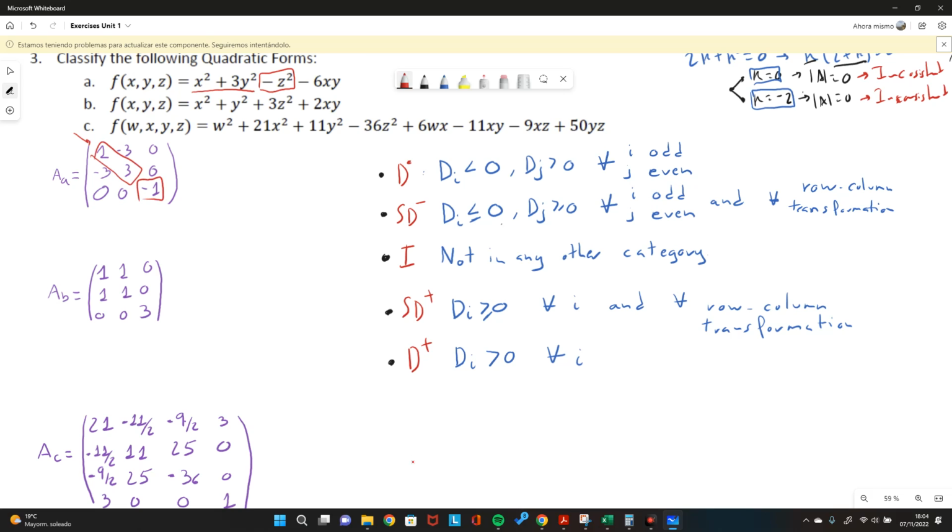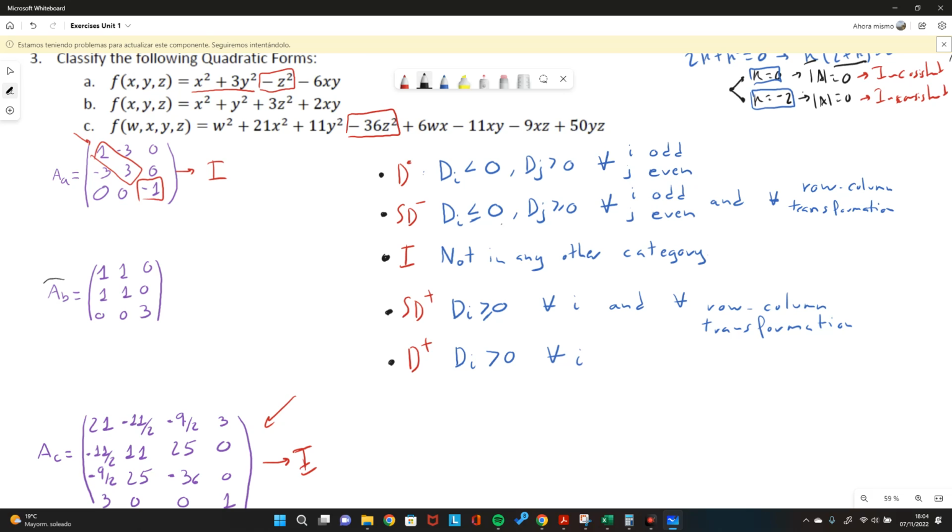When that happens, you immediately know that this matrix is associated to a quadratic form that is indefinite. The same happens here because this is negative again. And so you actually don't have to do this. No, no, no. This is just indefinite, just like that.